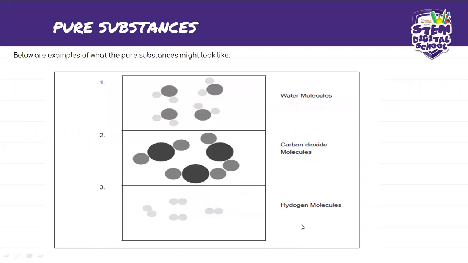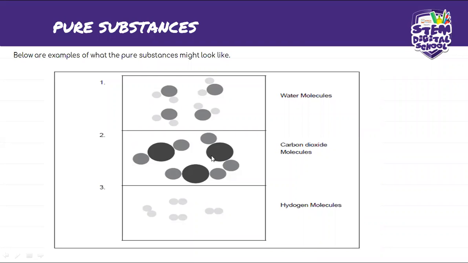Now, below are examples of what pure substances might look like. You see that you don't have any other substance mixed in. A water molecule is made up of what? Oxygen and two hydrogens, the same thing. Carbon dioxide is made up of carbon and what? Oxygen.